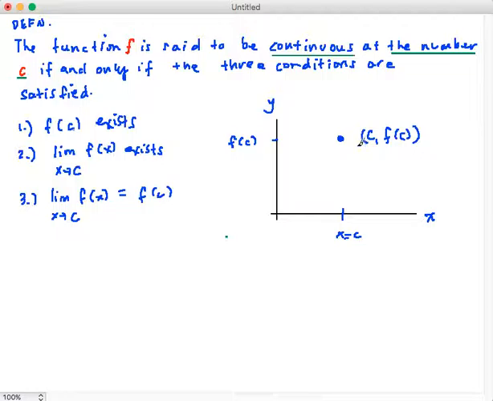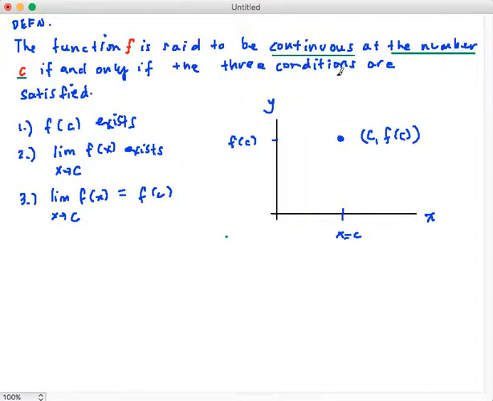Ibig sabihin, pag the function is only continuous if may point siya dito. Pag wala siyang point dyan, undefined yan, hindi na siya continuous at this. Remember, ang continuity dito sa c, wala tayong pakialam sa iba. Ang pinag-uusapan natin dito ay isang particular place where x equals c.